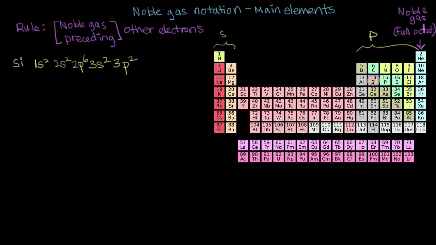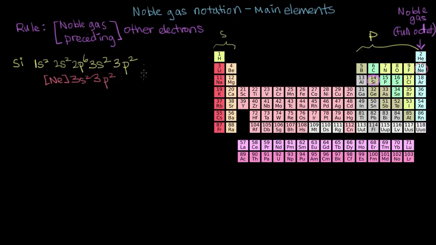Now we can write it out using noble gas notation and compare. The noble gas immediately preceding silicon, if we go up a row and then move over, is neon. So we write neon in brackets. Then the other electrons are the ones that come after neon. So we go down, and the electrons that aren't included in neon would be our 3s2 electrons and the 3p2 electrons.